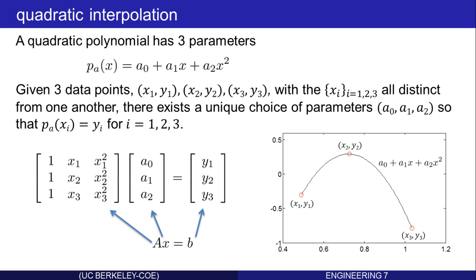A is a 3 by 3 array made up of the x data. b is a 3 by 1 vector made up of the y data. And x is the unknown coefficients of the polynomial. Again, this is a square system, and as long as the xi's, x1, x2, x3, are distinct from one another, this has a unique solution. So again, backslash can be used to solve this.